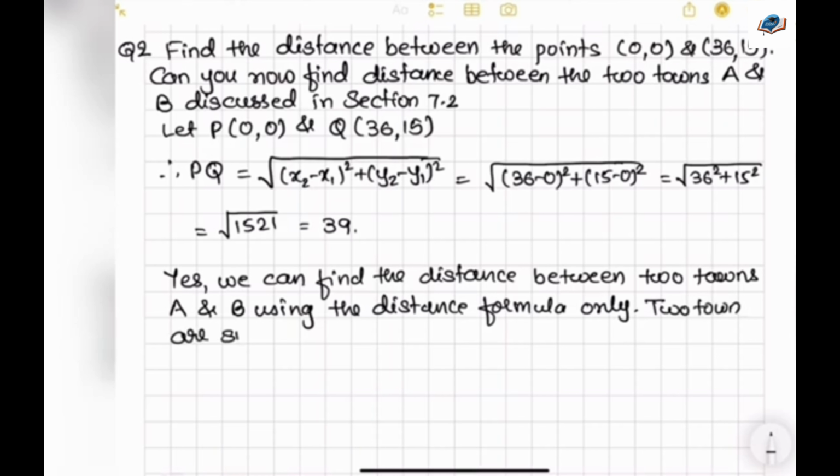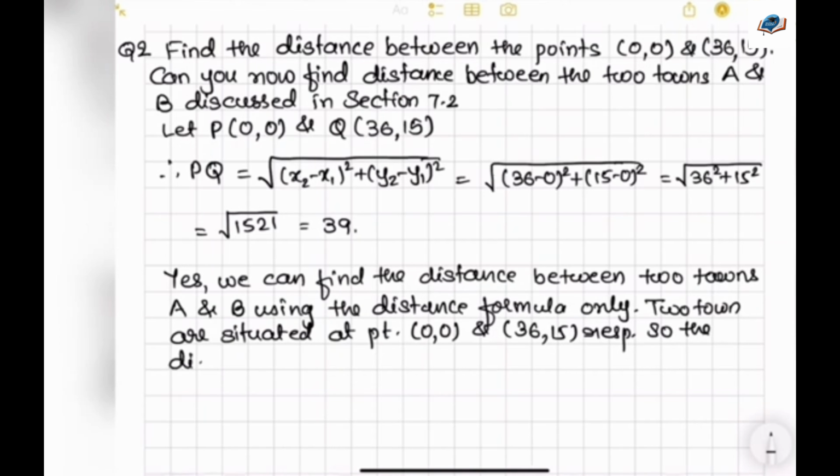Two towns are situated at points (0, 0) and (36, 15) respectively. So the distance between the towns.